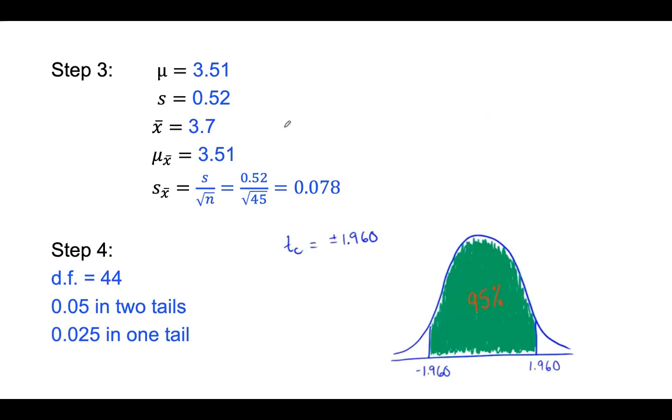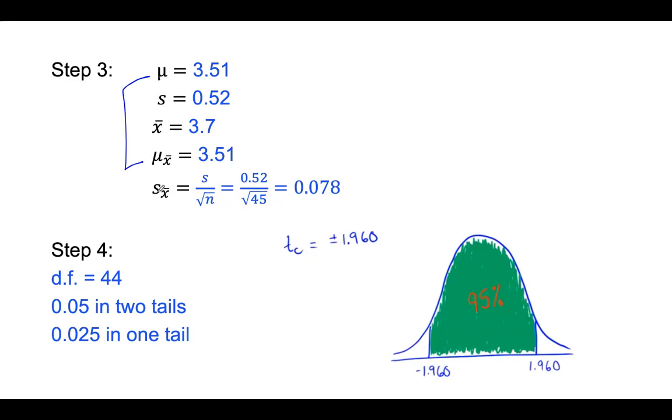So we can compute this. The question first gives us this information: the mean is 3.51, the standard deviation of the sample is 0.52, and our X bar is 3.7. These, of course, are the same, if you notice, at 3.51.